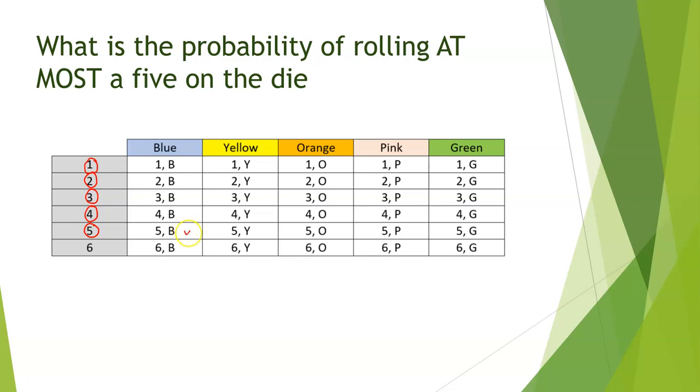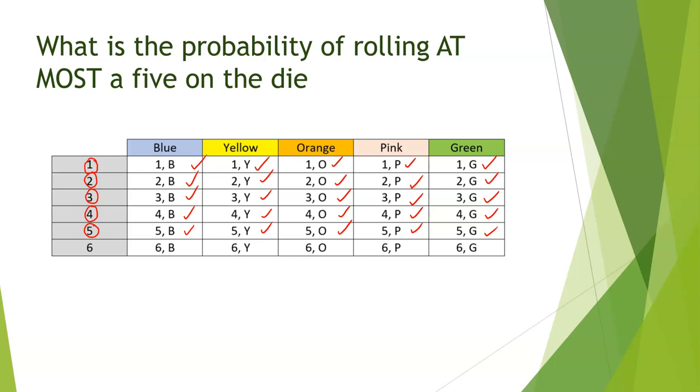Now we can see here when we highlight all the outcomes which give us what we want. Once again, I'm not worried about the colours on the spinner. I can get all 5 colours. Now you can see here that I have highlighted altogether 5 lots of 5 outcomes.